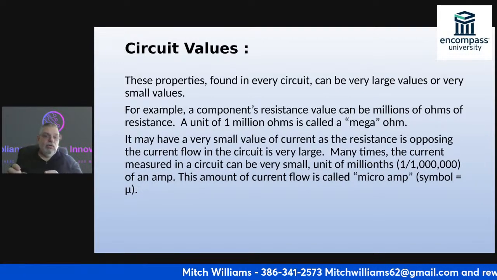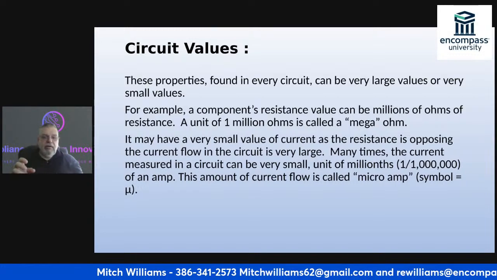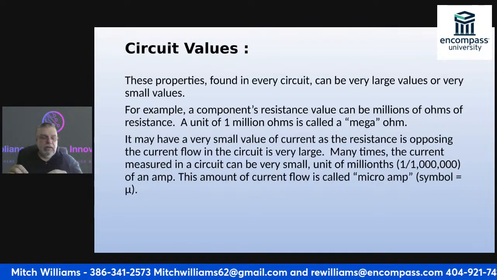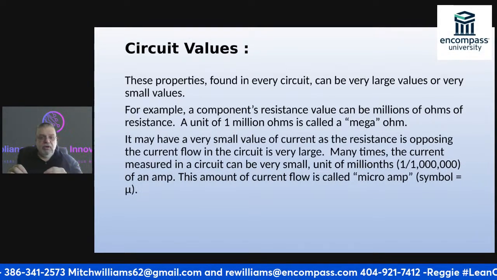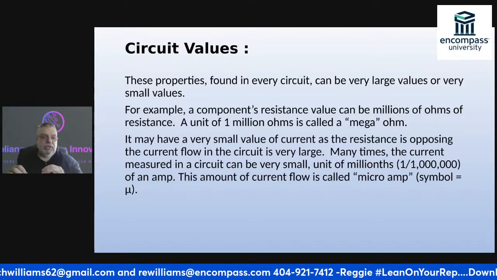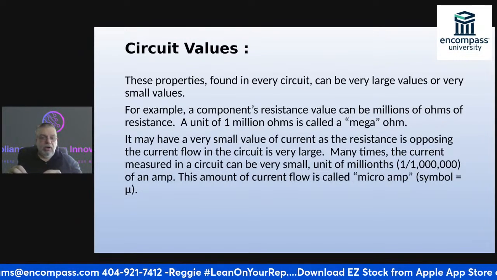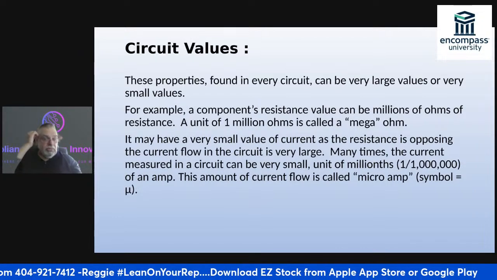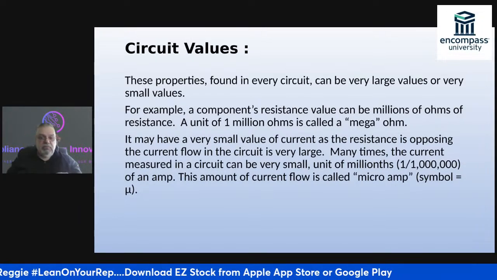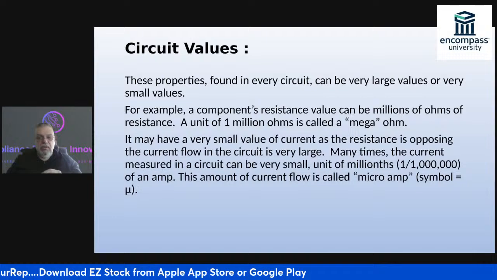If you have a very small value of current, the resistance opposing the current flow in the circuit is very large. Sometimes the measurement of the current can be very small, in units of 1/1,000,000 of an amp.